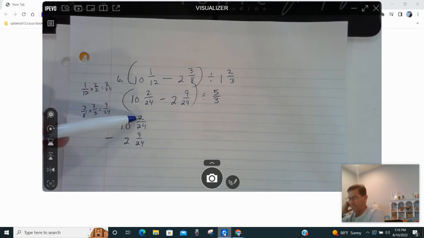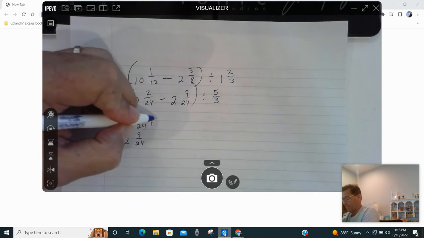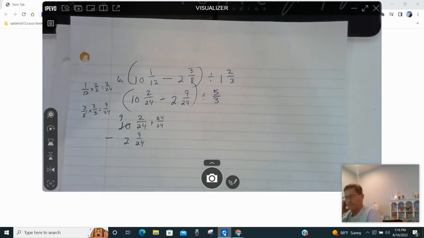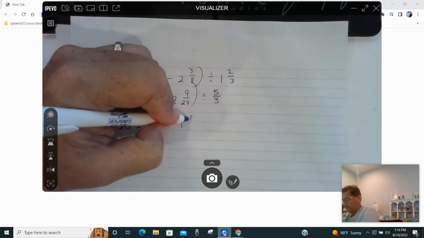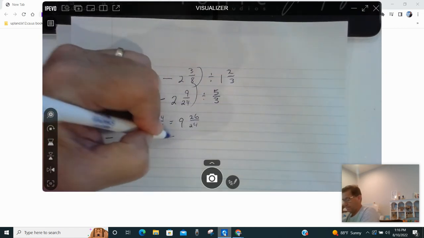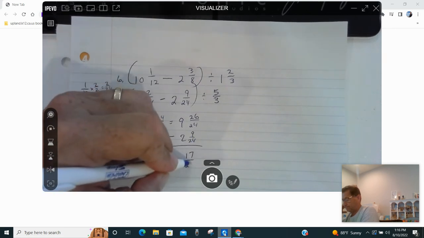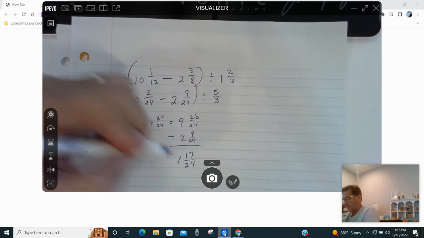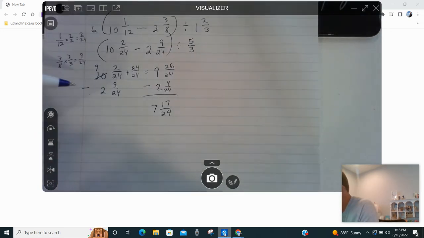We can't take 9 from 2, so we'll regroup one of the whole numbers into 24 24ths. So 7 and 17 24ths of the wood is good.